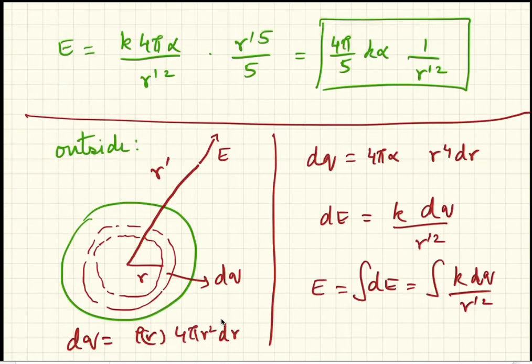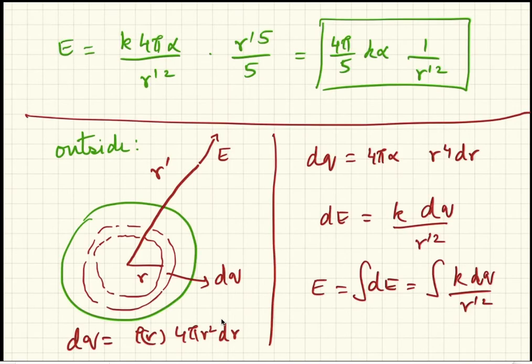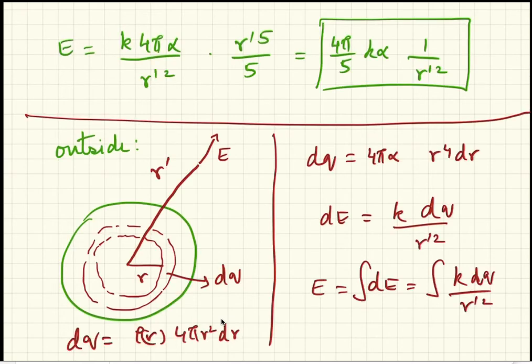Alright, let's add a page below. So the electric field is k dq, and by the way, that radius is r.